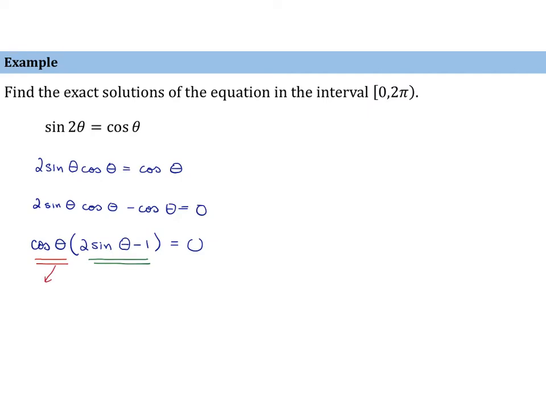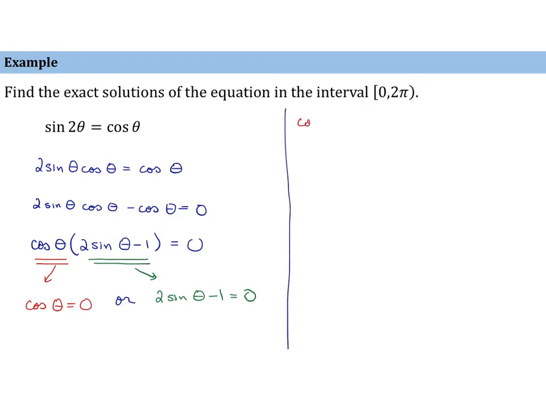So cosine of theta is equal to 0, or 2 sine of theta minus 1 is equal to 0. So let's look at each one of those.